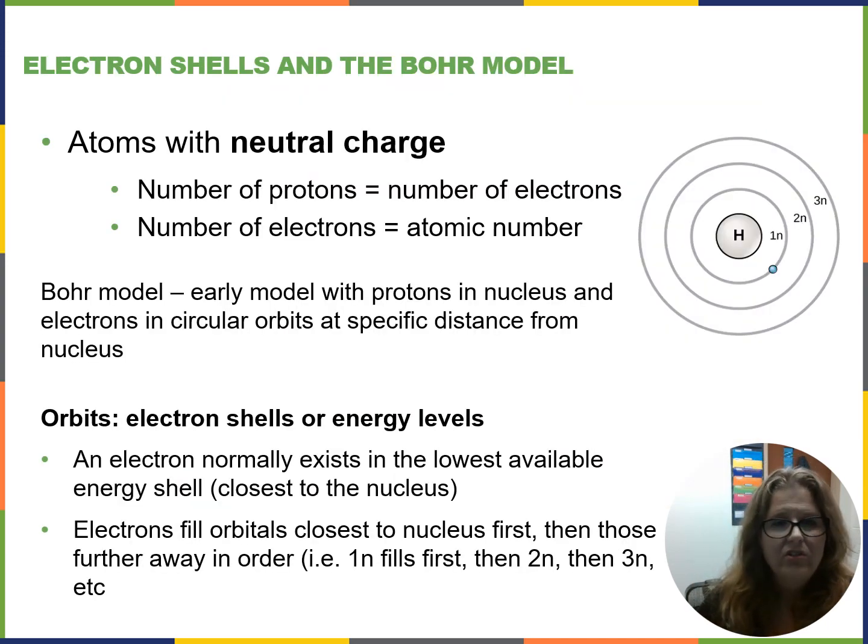All right, so electron shells in the Bohr model. This is the one that everybody's like, oh, it looks like a solar system. It's a very simplified version of where you can find the electrons orbiting the nucleus.